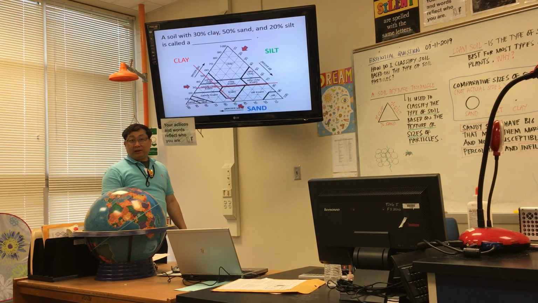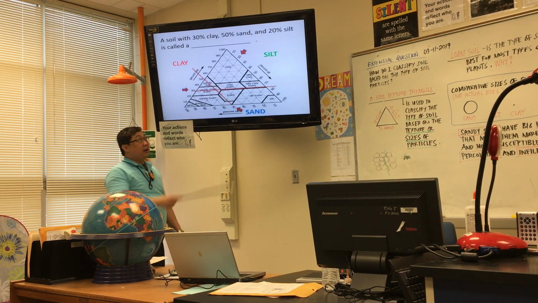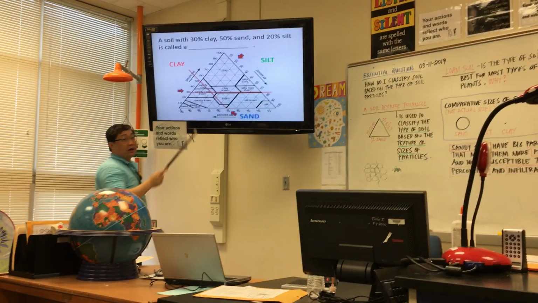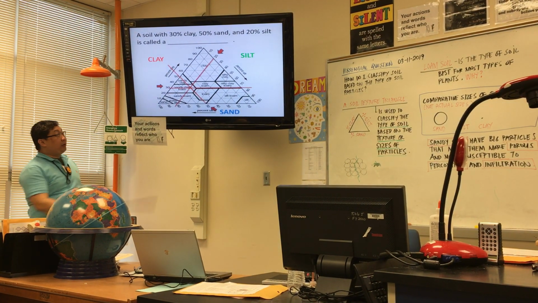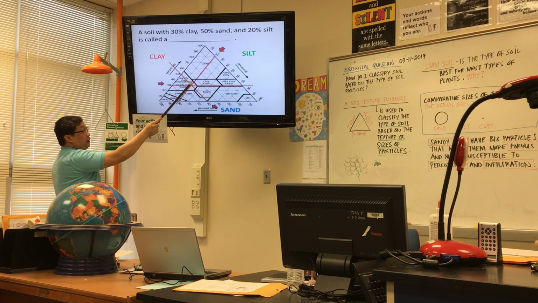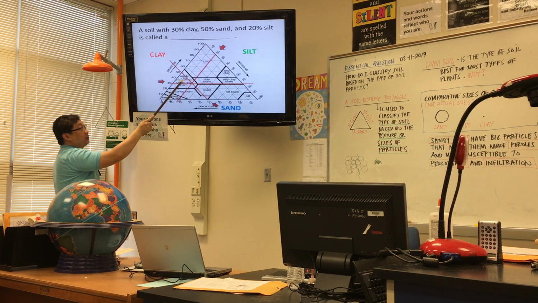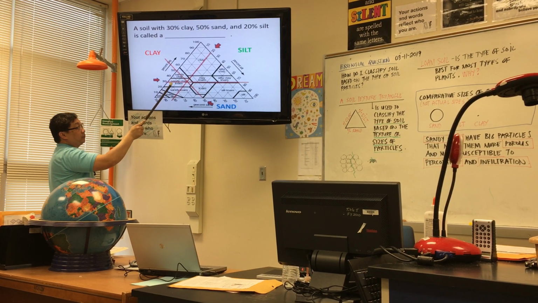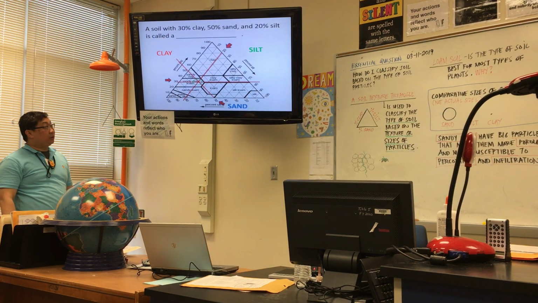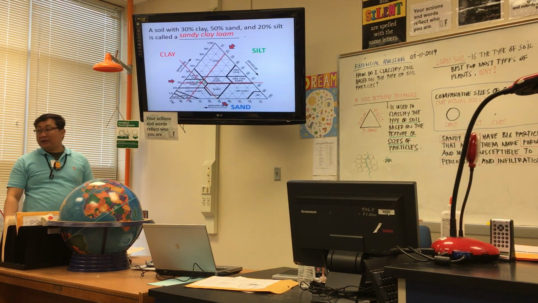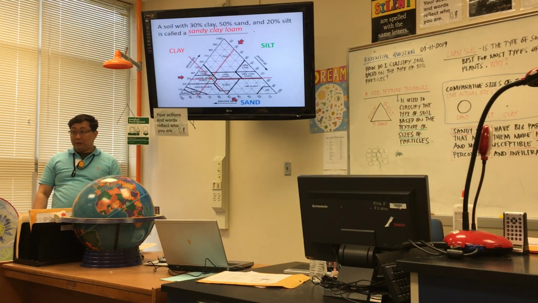Since I told you that the three lines should intersect, you should draw the line diagonally down. So they intersected in this area here. So the type of soil is sandy clay loam. So that's the intersection.